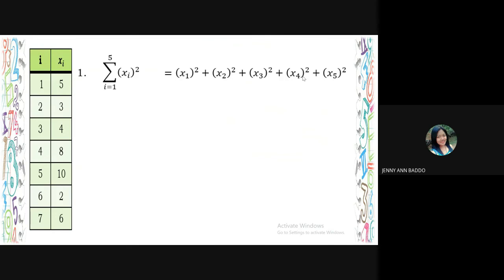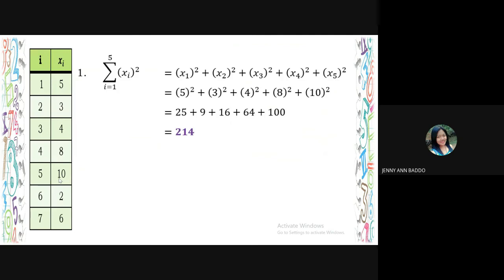Therefore, by substitution, we have 5 squared plus 3 squared plus 4 squared plus 8 squared plus 10 squared. And that is equal to 25 plus 9 plus 16 plus 64 plus 100, which is 214.